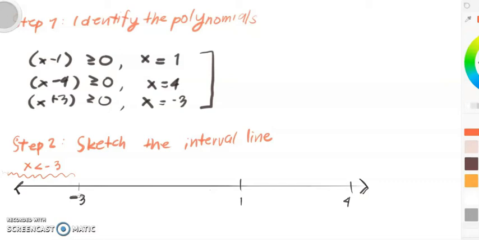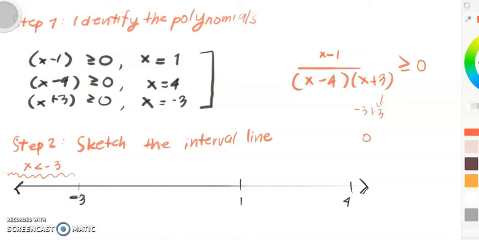Remember that our rational inequality was (x - 1)/((x - 4)(x + 3)) greater than or equal to 0. The reason why we do not want negative 3 to be included in our possible values for x is because if we put negative 3 here in x + 3, that would be 0.